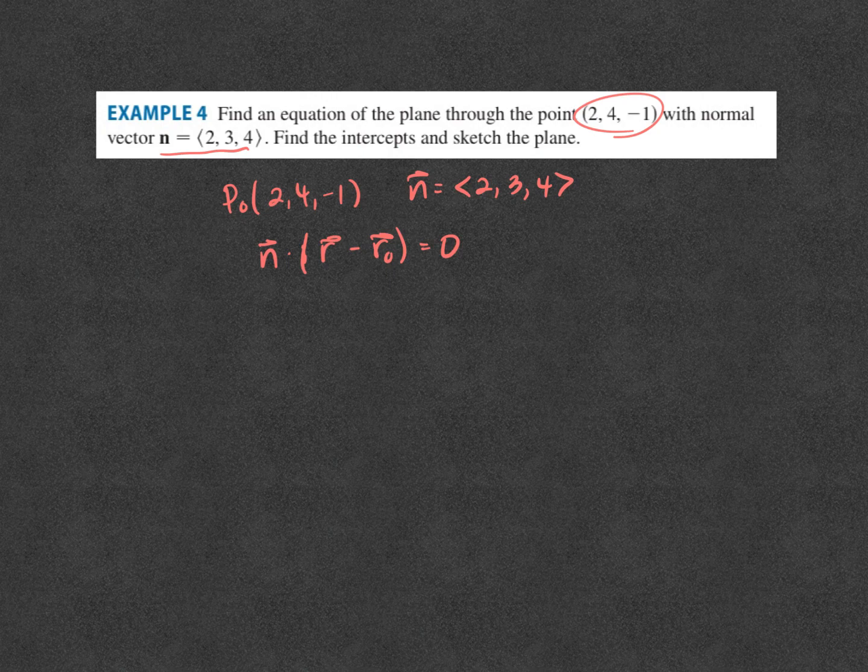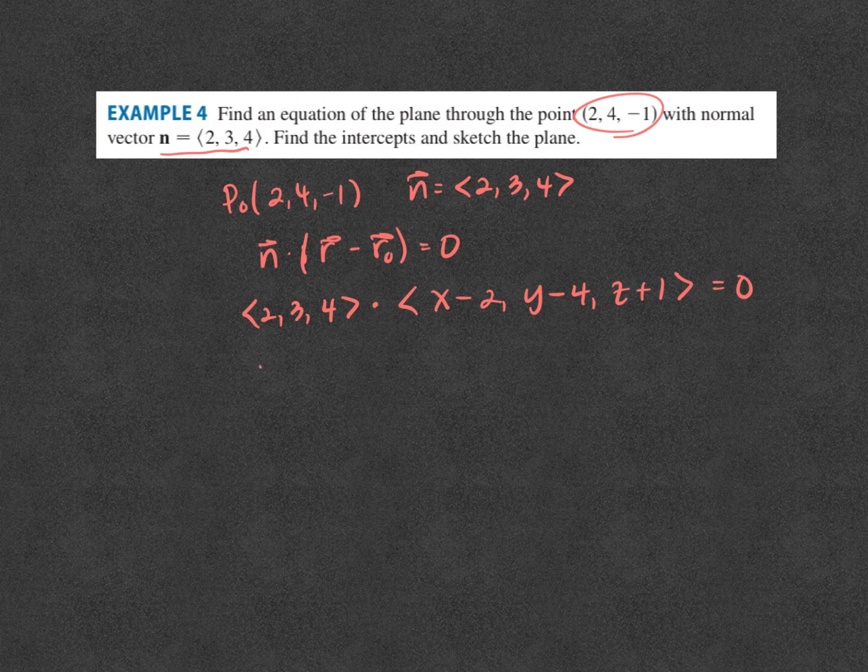And so my normal vector is ⟨2, 3, 4⟩ times my vector here. I'm going to go ahead and put vector notation and say x minus the x value of 2, y minus the y value of 4, and z minus the z value of -1 equals 0.